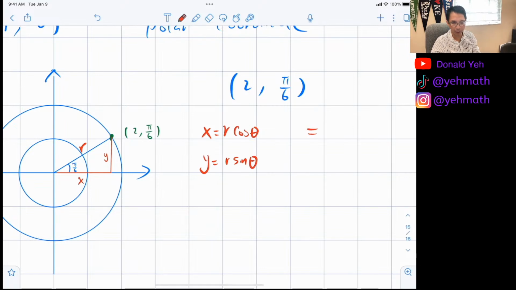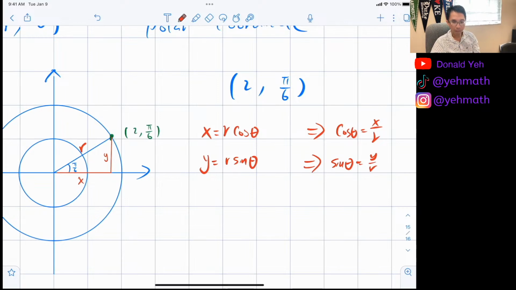Because a long time ago, you remember SOHCAHTOA. Cosine theta is equal to x over r, which is adjacent over hypotenuse. And sine of theta is equal to y over r.